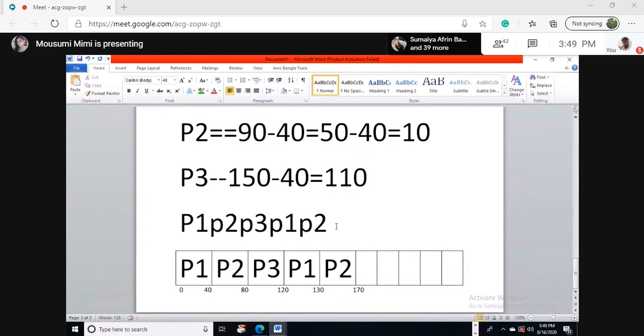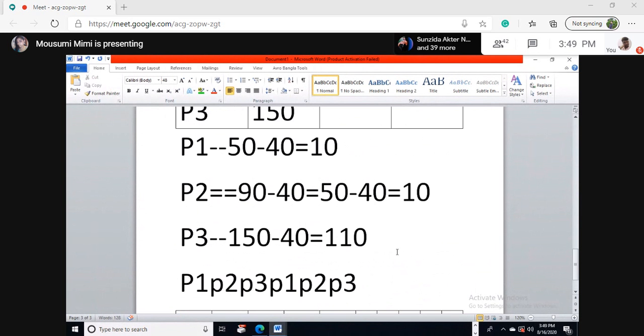Now it goes to process 3. Remaining is 110, time quantum is 40. So 110 minus 40 equals 70 remaining.